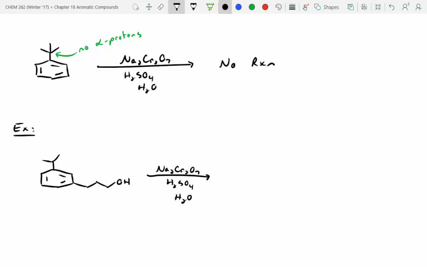Super benzoic acid. Yeah, carboxylic acid. That top isopropyl group's going to get converted into a carboxylic acid. And then down here, you're going to oxidize that alcohol to a carboxylic acid as well. So you have to watch out for that. Does that make sense?